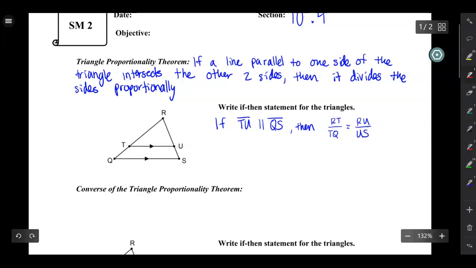Looking at the picture, this just means that these two chunks of triangle created by that extra parallel line are proportional to each other.